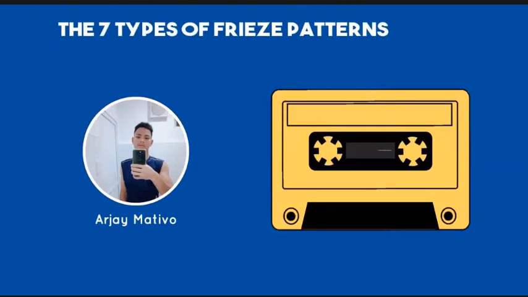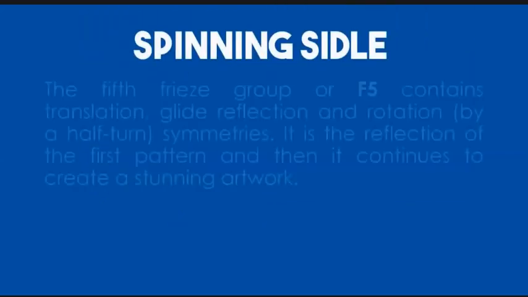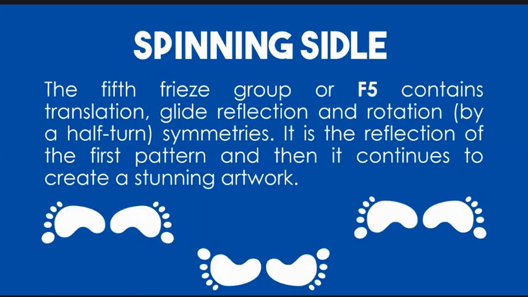Good day, everyone. I'm RJ Matibo and I will continue the report of Miss Tangi about the different types of Frieze patterns. Fifth in the list was spinning sidle. As you can see, the second pattern is the reflection of the first pattern, and then it continues to create a stunning artwork.